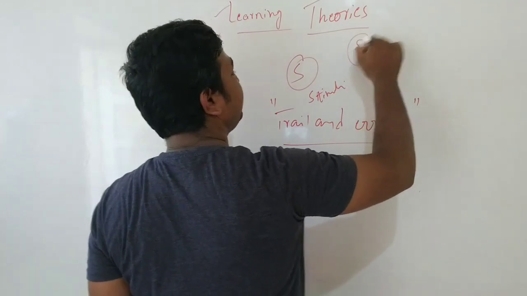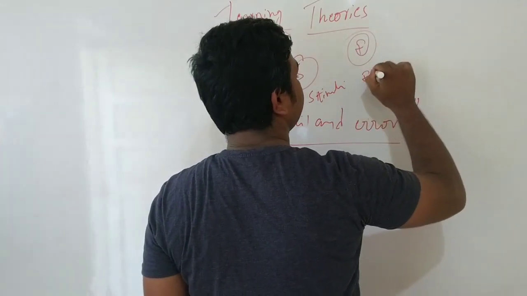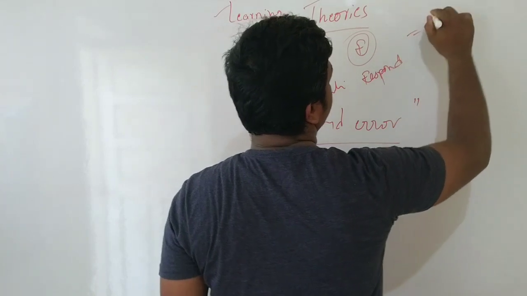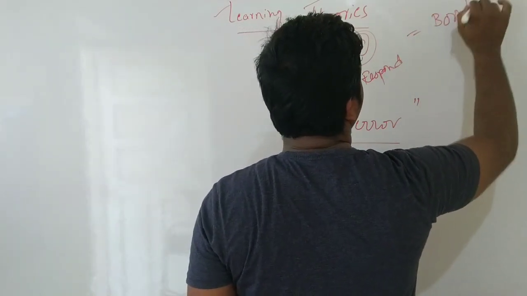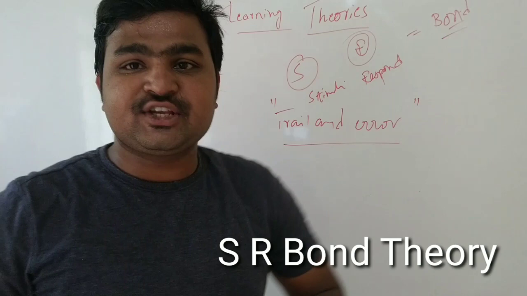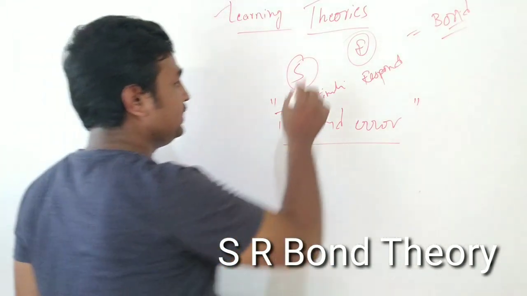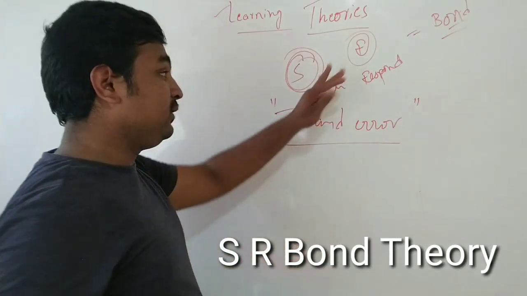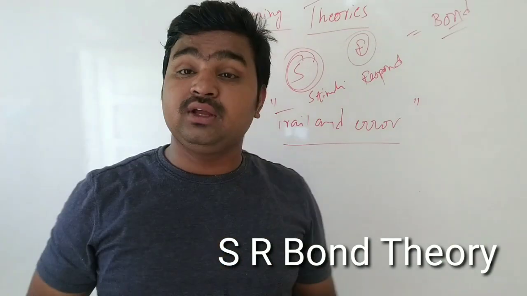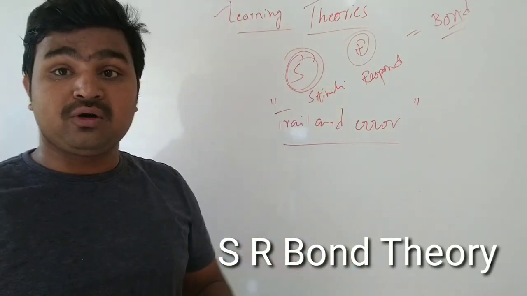Next one, R stands for response. Then bond. His trial and error theory is also called the S-R bond theory.